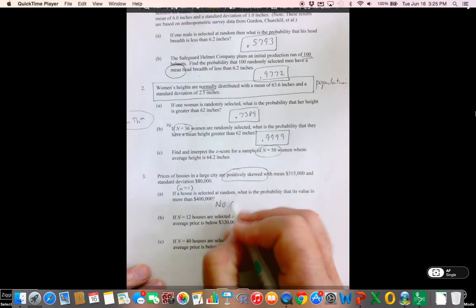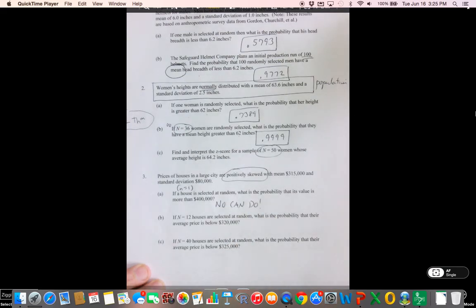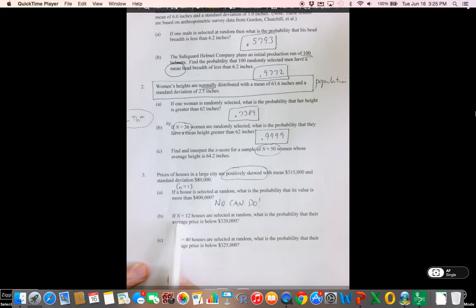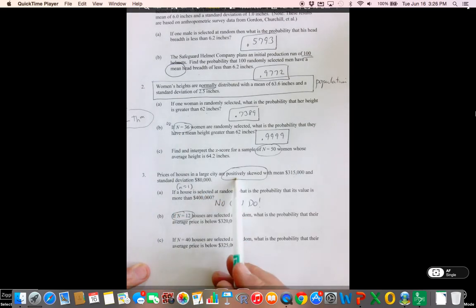Guys, we can't do this. Sample size has to be 30 or bigger. Same thing here, if n equal 12 houses. That looks more like the problem that we've been doing, but still, because we have a positively skewed distribution, n equal 12 still isn't big enough.